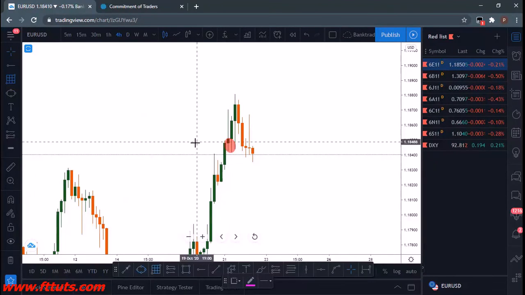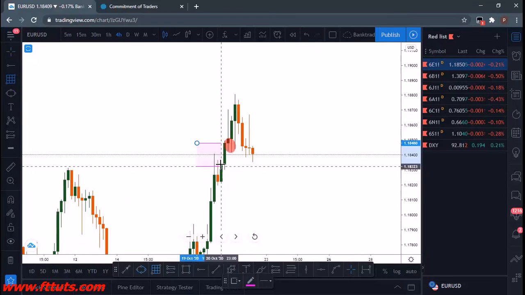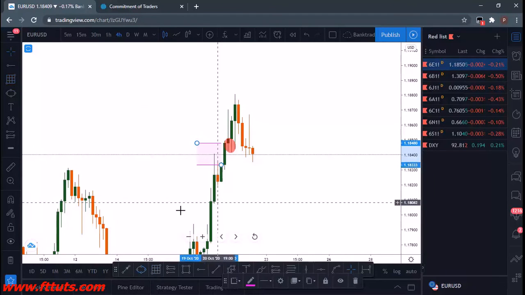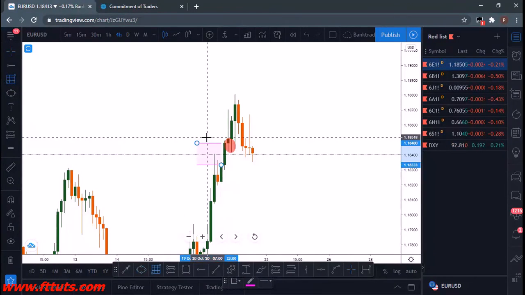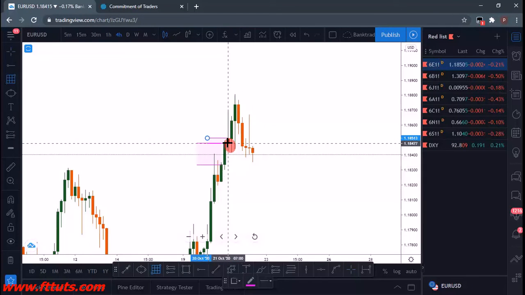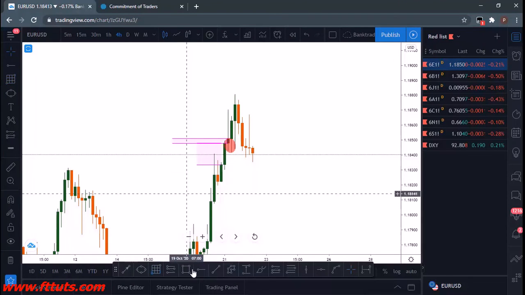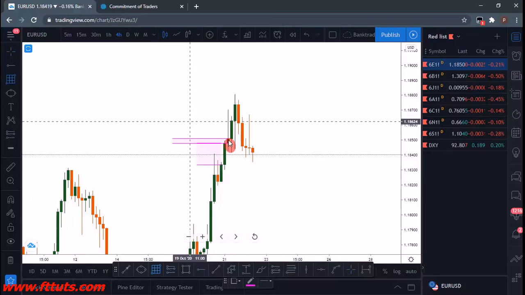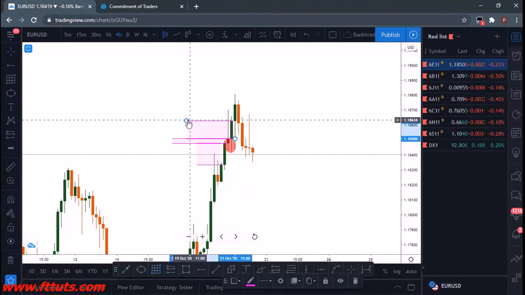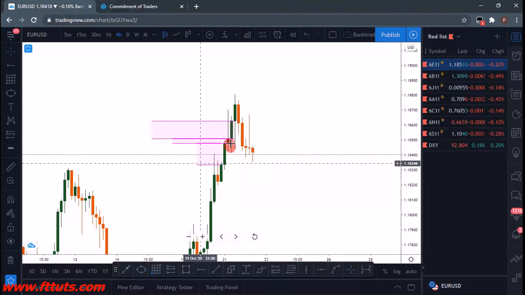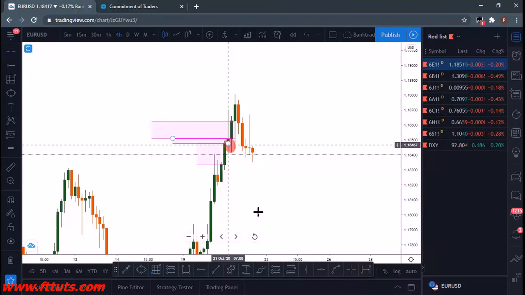You have this nice big body candle, followed by this small body candle, and then another big body candle. So this gives us this area as a hidden area of demand.